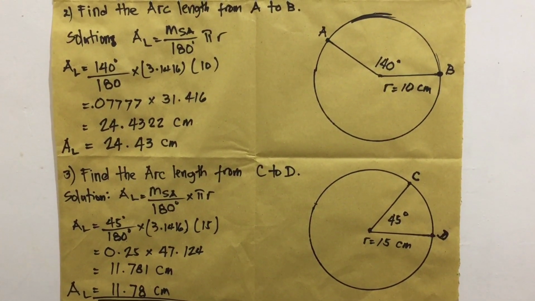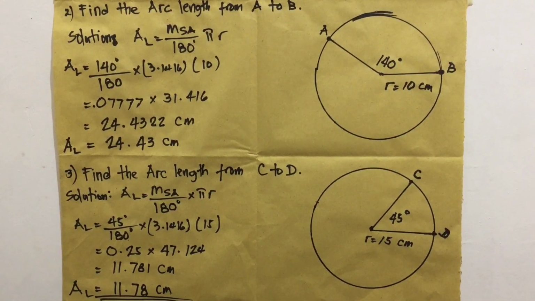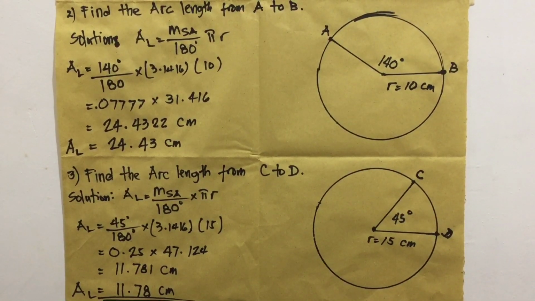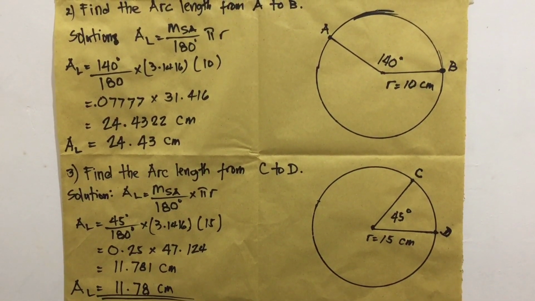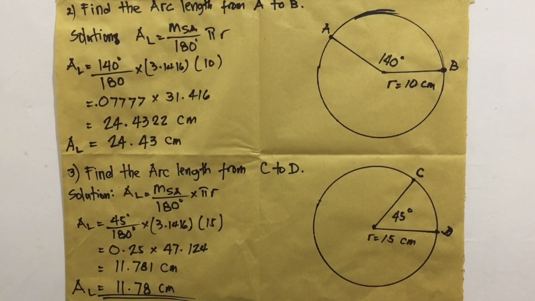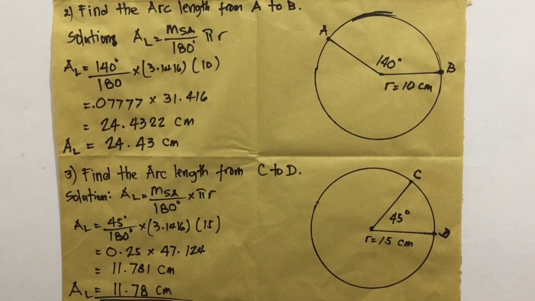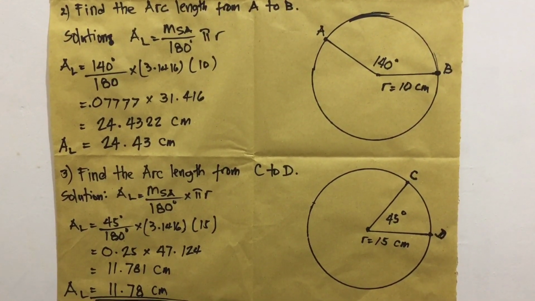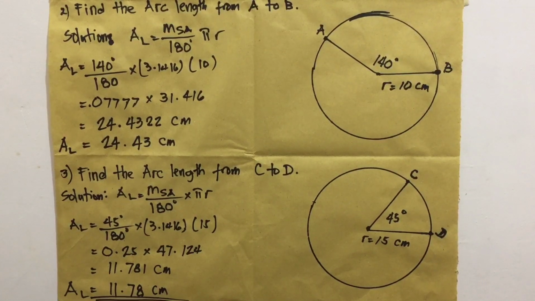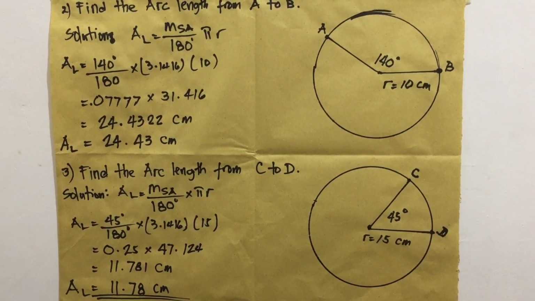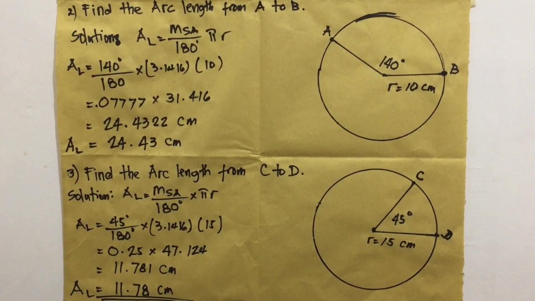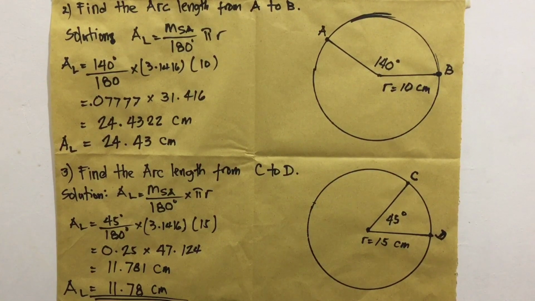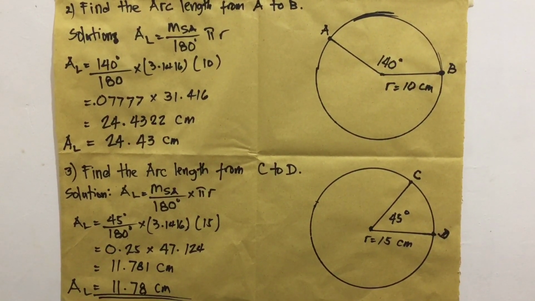So the difference between the arc length and the sector: the denominator of finding the arc length is 180 degrees, while the denominator of finding the area of a sector of a circle is 360 degrees, and we have the radius squared. Here in finding the arc length, we are only multiplying the radius, not the radius squared.